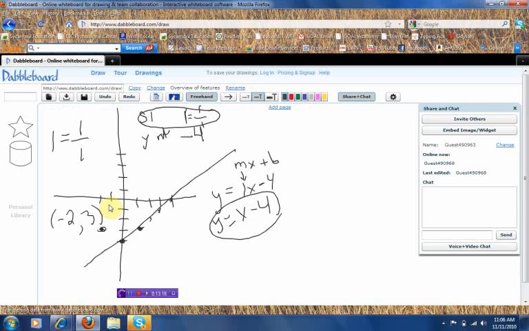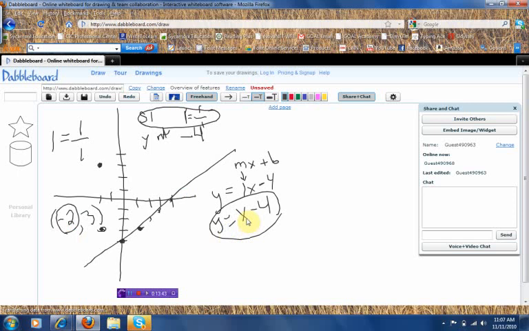Now, there's another way to do this as well. The reason that this line and this equation fit is because if I put -2 into the x of that equation, I should get 3 as my answer if it's true. Does that make sense? Yeah.